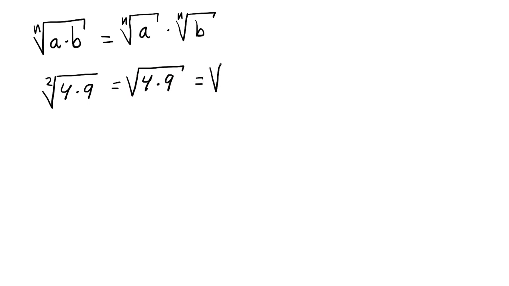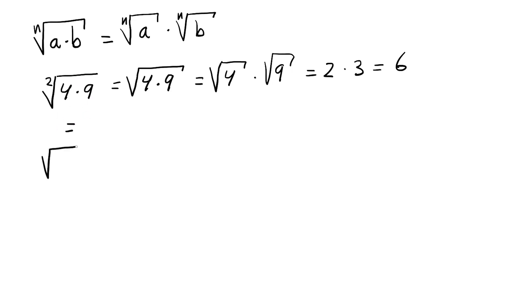Then according to the rule we take the square root of 4 and the square root of 9. The square root of 4 is 2, the square root of 9 is 3, so this is 6. You can also check that it's consistent. This means the square root of 36, because 4 times 9 is 36. And the square root of 36 is 6. So we get 6 either if we do it directly or if we use the rule.